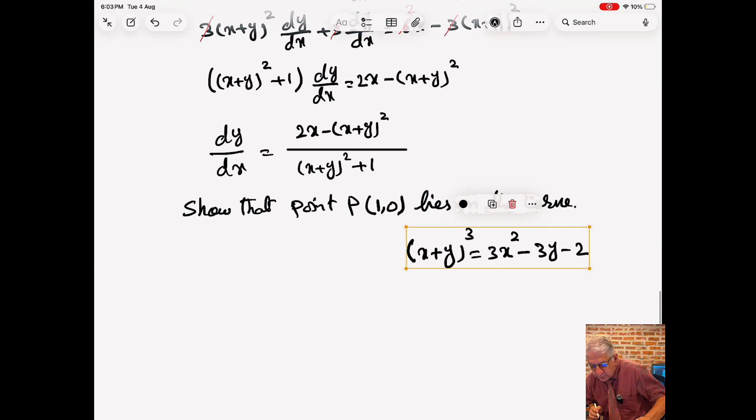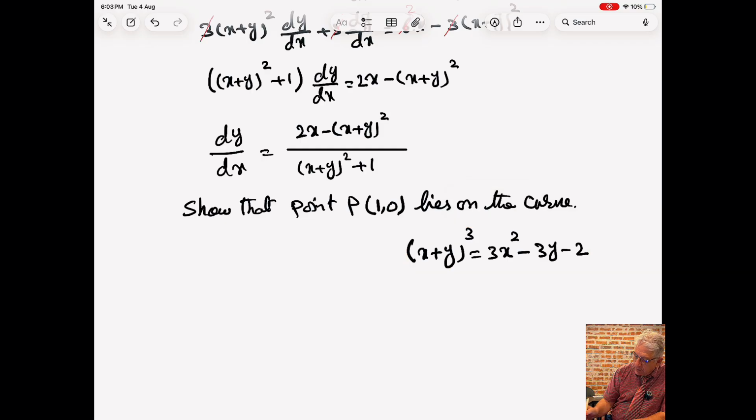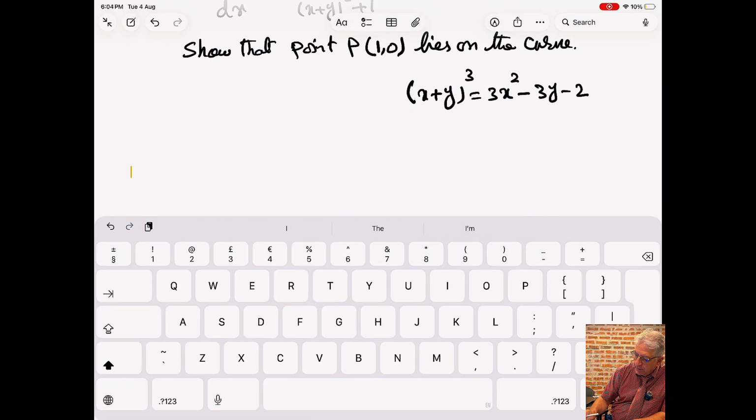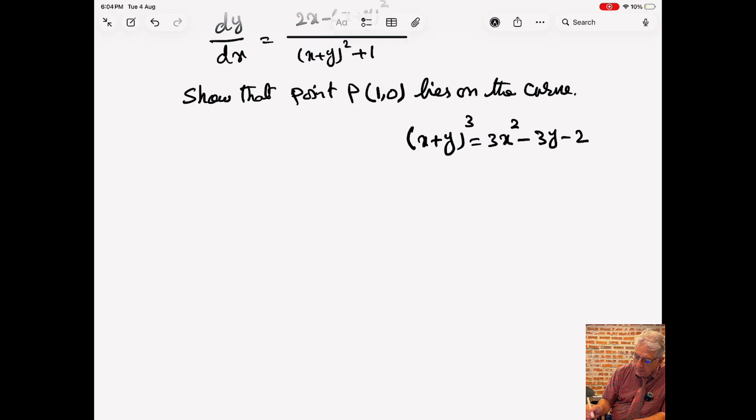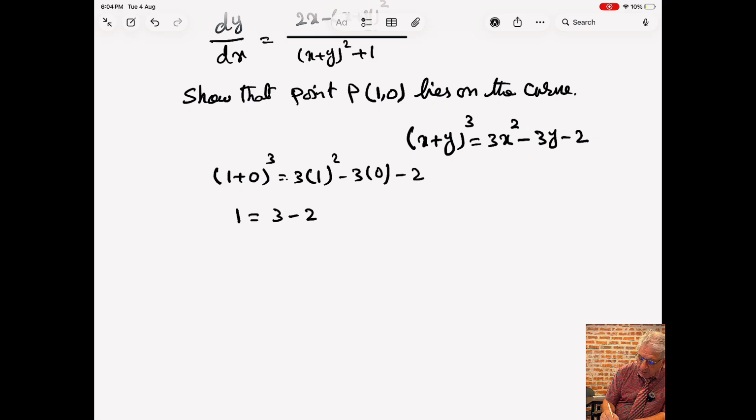Now x is equal to 1, y is equal to 0, therefore (1 + 0)^3 is equal to 3 times 1 squared minus 3 times 0 minus 2. Over here you are getting 1 is equal to 3 minus 0 minus 2, which is 1 is equal to 1, so P lies on the curve.